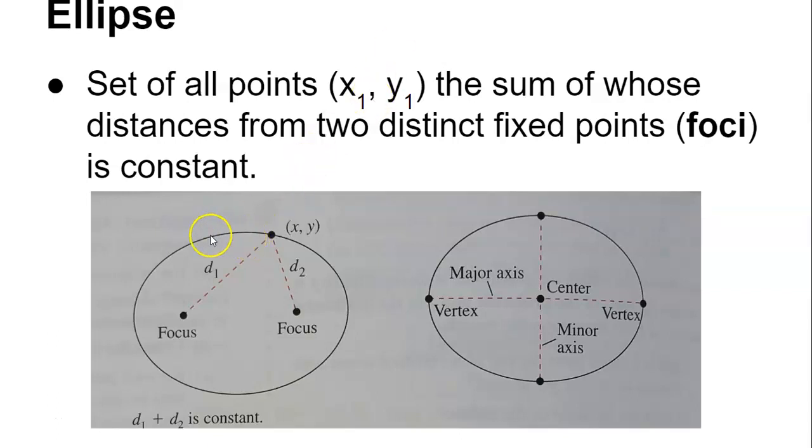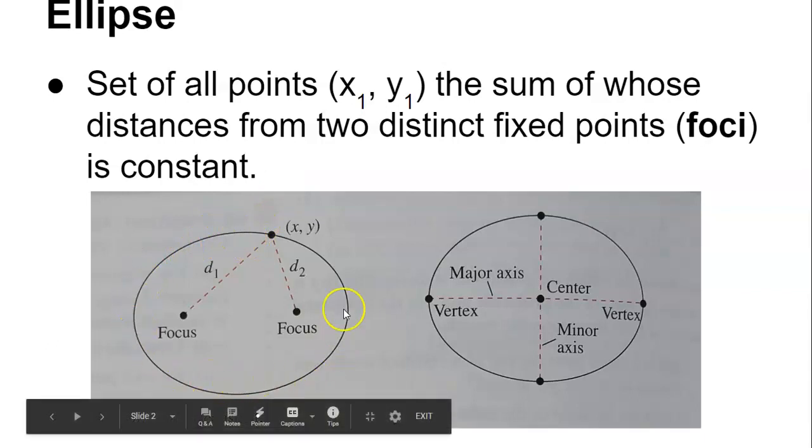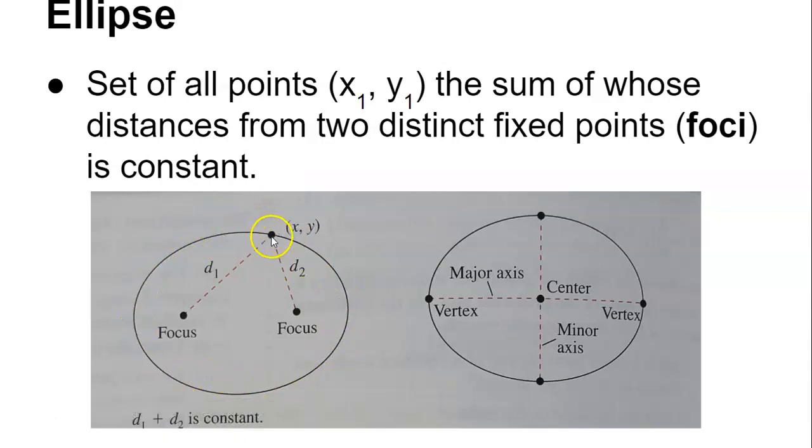Here, with our ellipse, any point on the ellipse, say the point shown here, (x, y), has a certain distance to each focus. There are two foci with an ellipse. There was only one focus for a parabola. So you get this one distance here and this other distance. The sum of those two distances will be the same for any point that we pick.